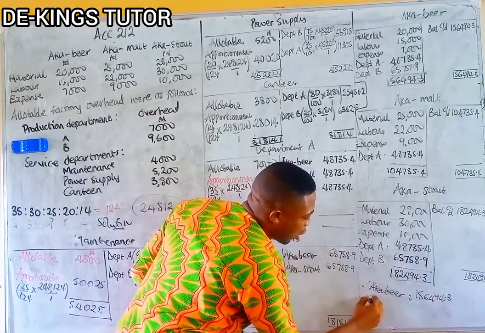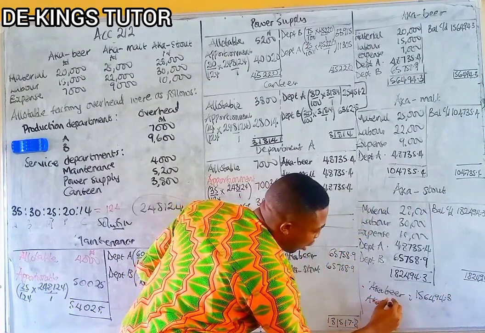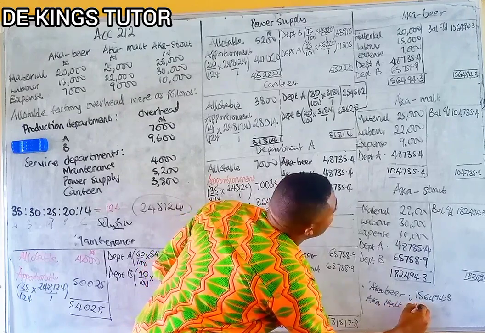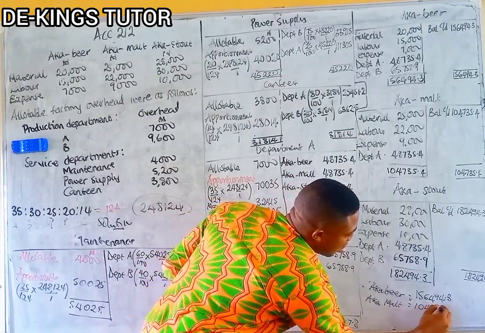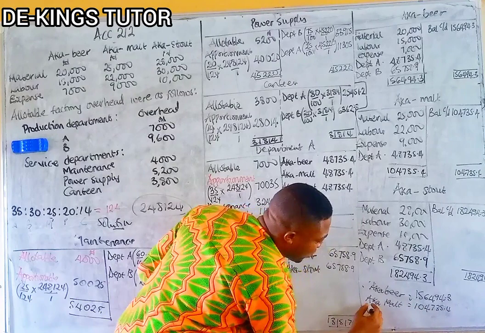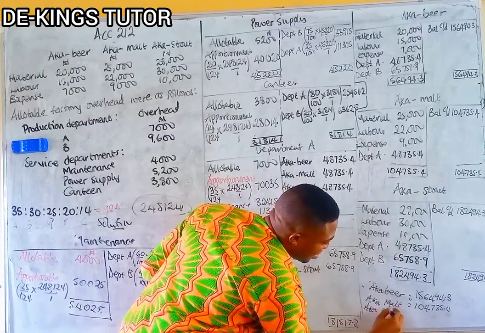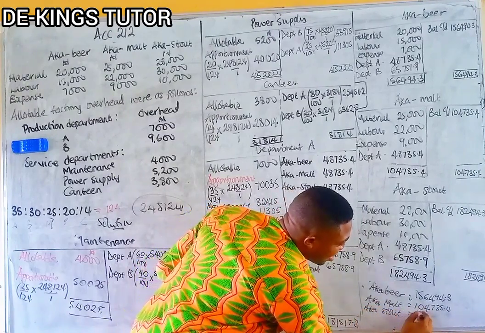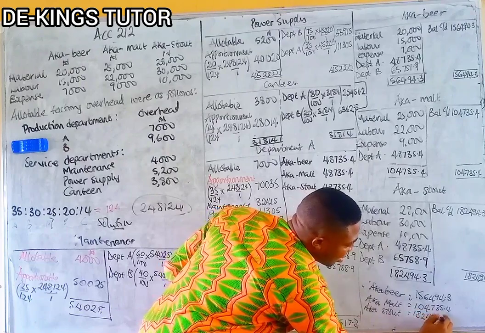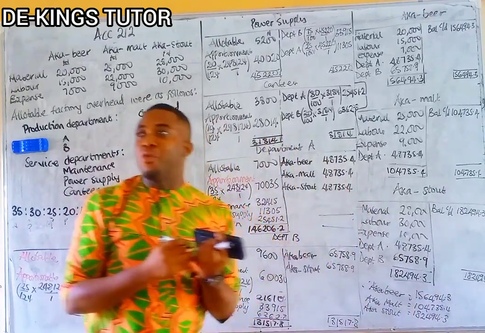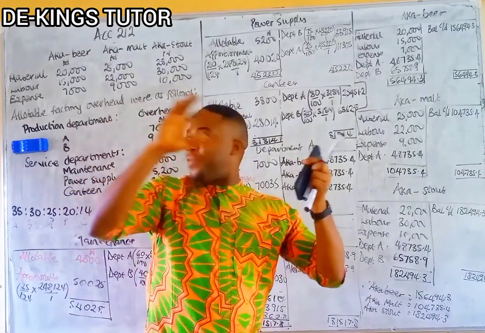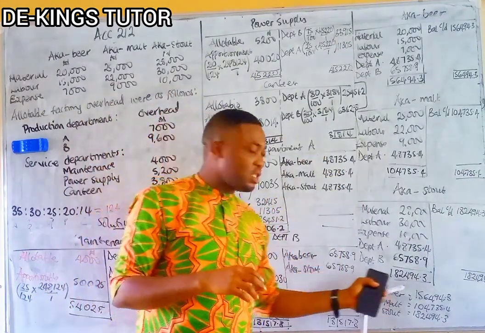The cost of producing malt is how much? 104. The cost of producing stout after discount? So this is how we can get the factory cost of producing this product.